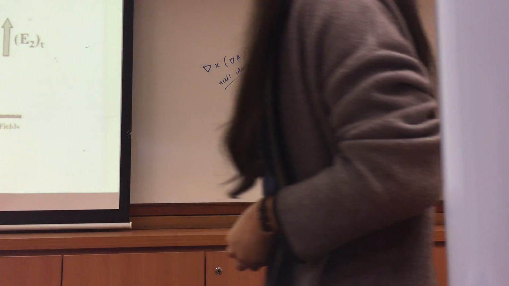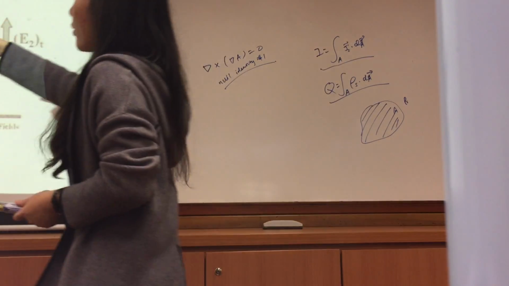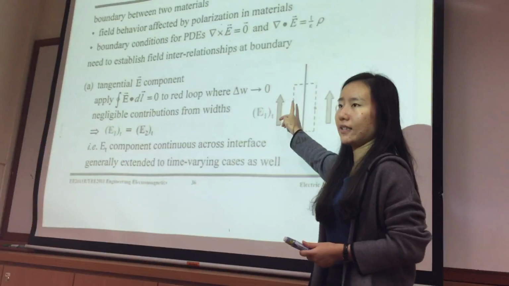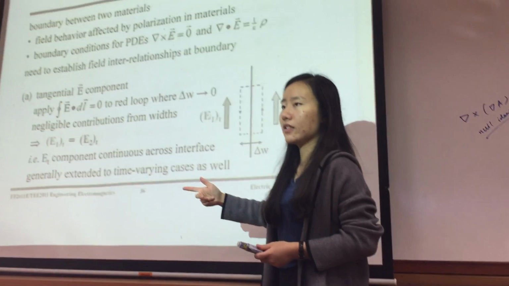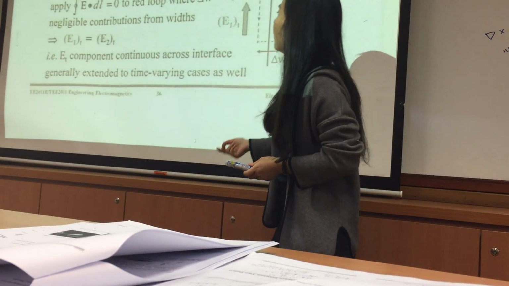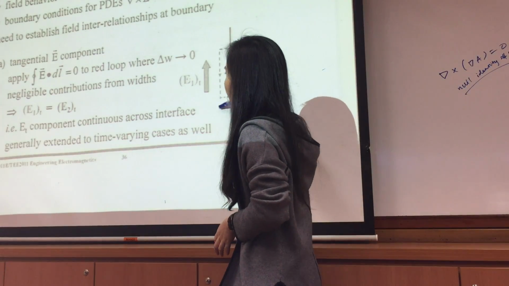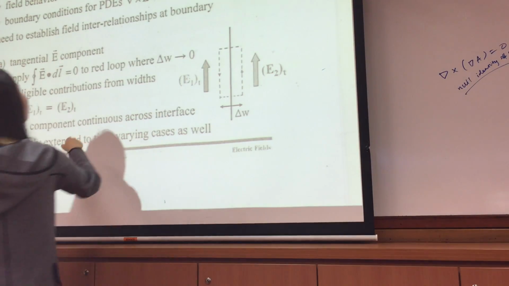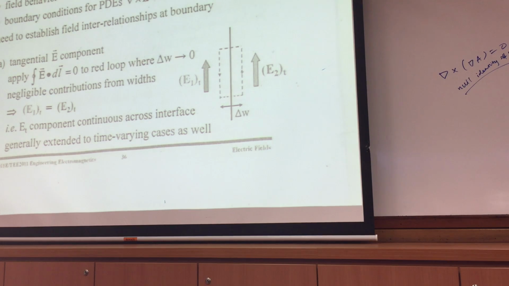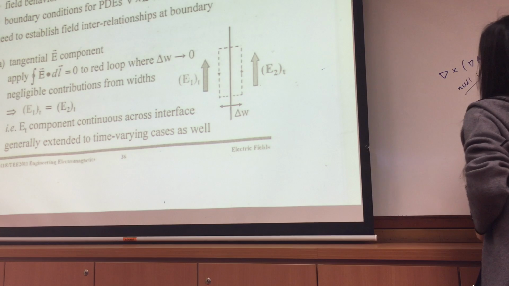Okay, so let's see. This is the tangential E component. Tangential E is parallel to the boundary. Normal means perpendicular to the boundary. Okay, so this is an area. Boundary conditions.